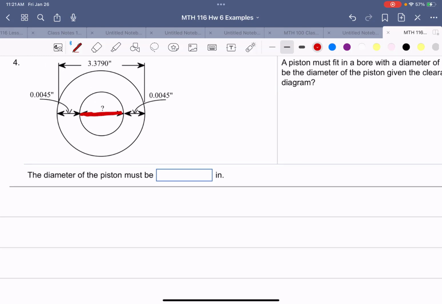We know the total all the way across, and we know these two sides. So in order to find this, we're going to need to subtract from 3.3790 the 0.0045 2 times. So I'm going to go ahead and add those together.